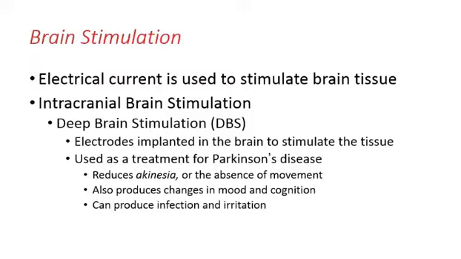Parkinson's patients are frozen many times in the advanced stages, and with deep brain stimulation it can actually help them move. Unfortunately, deep brain stimulation can also produce some changes in mood and cognition, and it can produce infection and irritation, but it represents many people's only way of trying to deal with their very significant disorder.